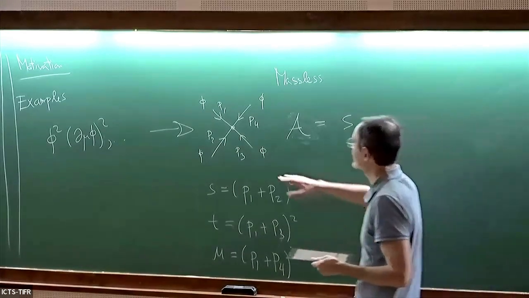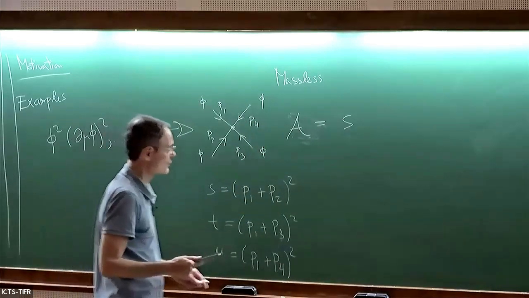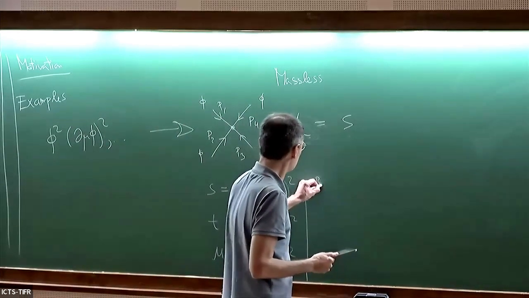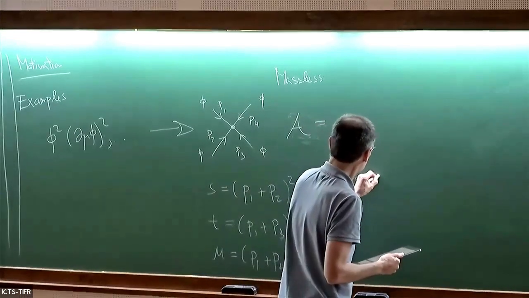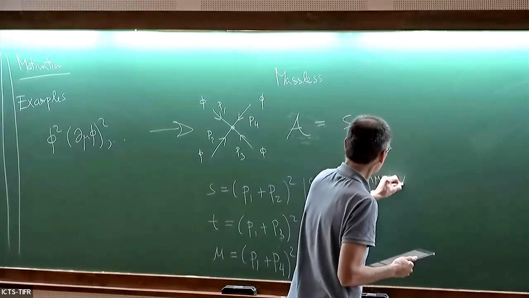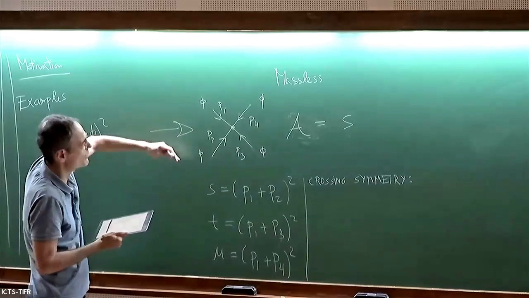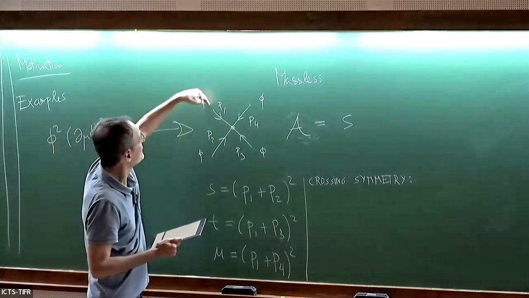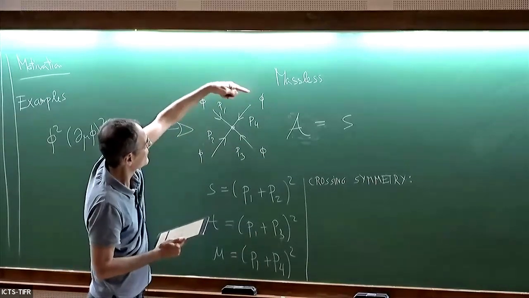But now you realize that because the states are the same, you have what is called crossing symmetry. It's something you have to use when you do amplitudes. If you interchange these particles, the amplitude should be the same.